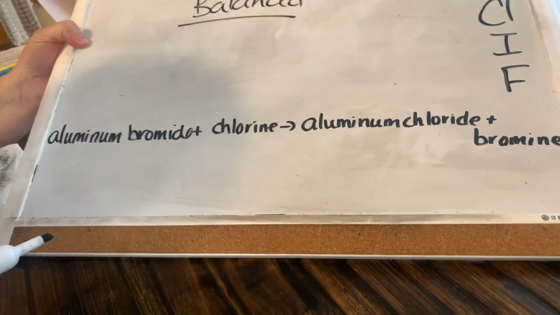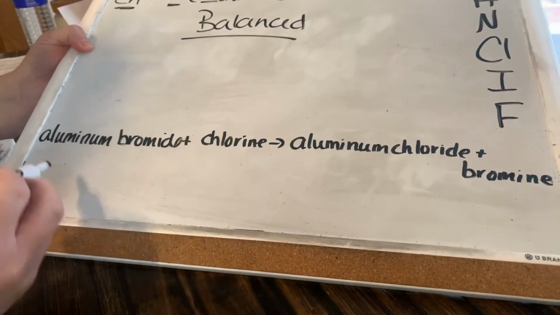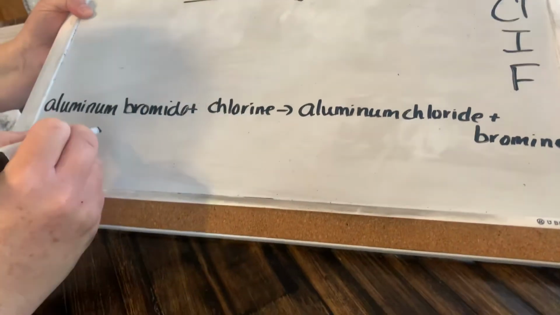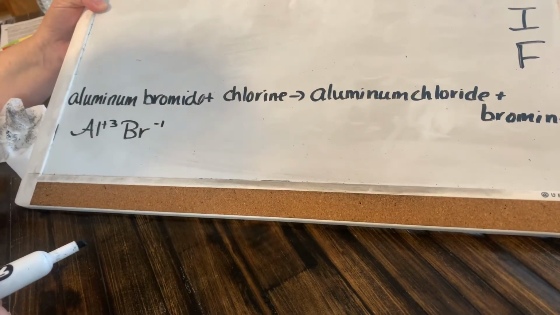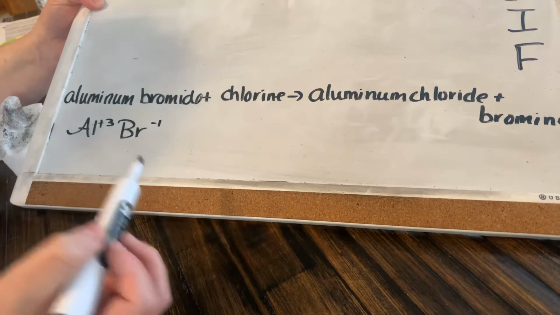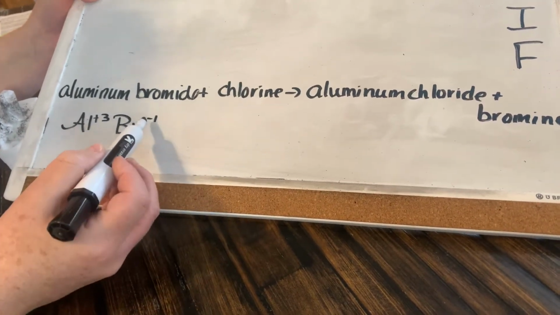Here's where our Braun-Cliffs come into play. Aluminum bromide. This is a compound. Aluminum is plus 3. I know that because I looked on the periodic table. Bromine is -1. I know that because I looked in the periodic table. This is in group 17 and this is in group 13, sorry. So this is 7, this is 3.